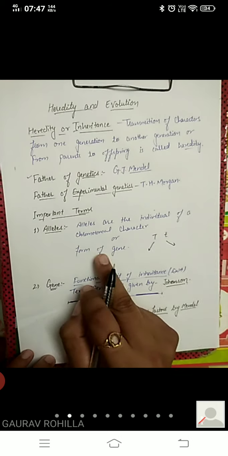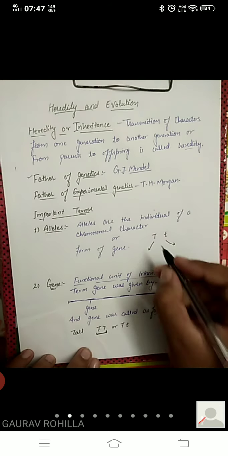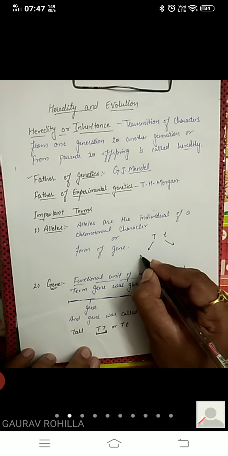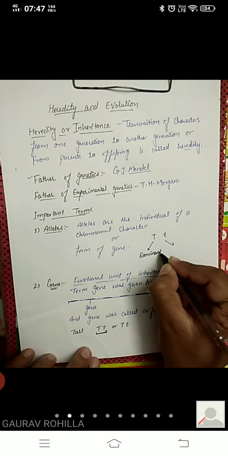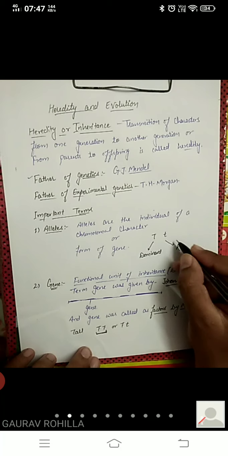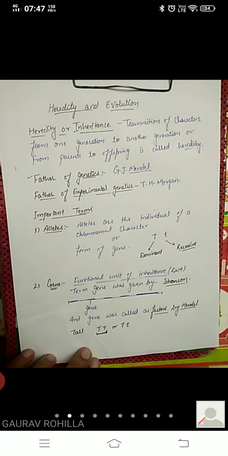These are the forms of gene, and capital represents the dominant character, and small t represents the recessive character, or dwarf.